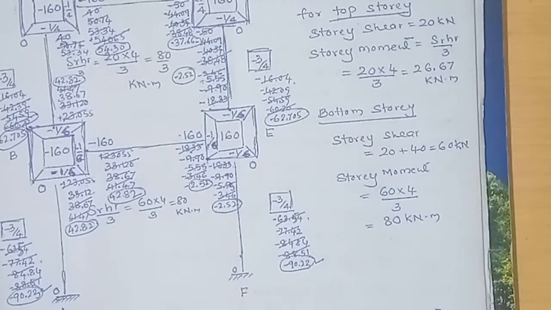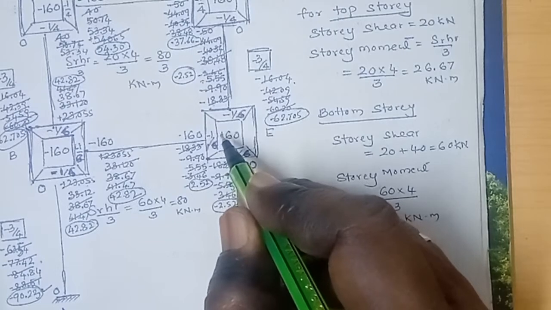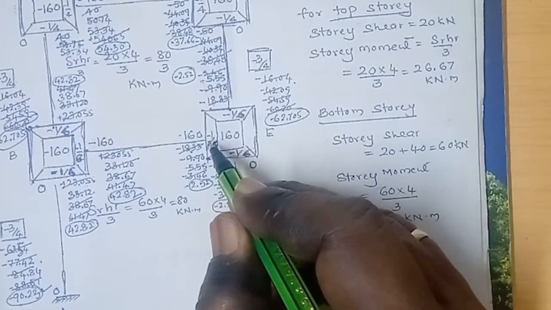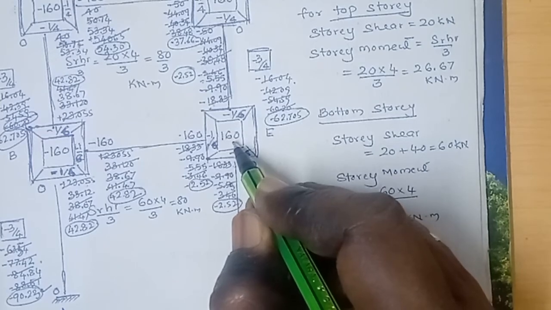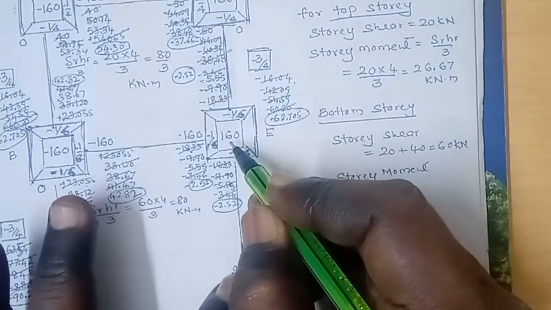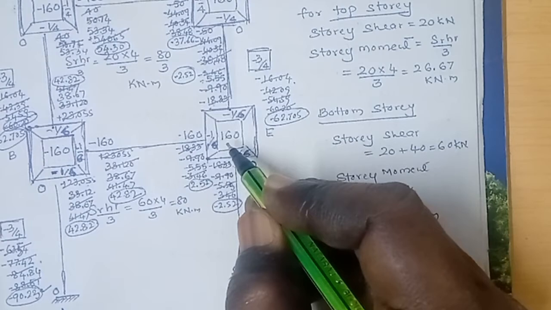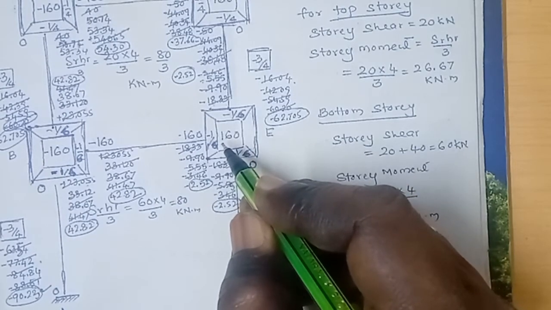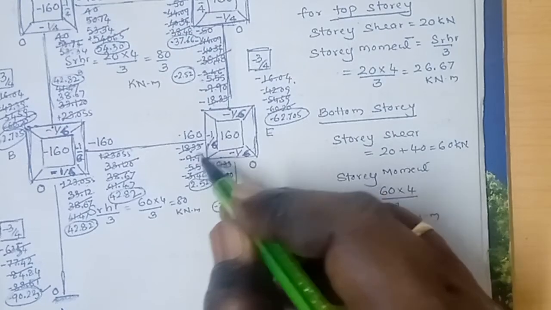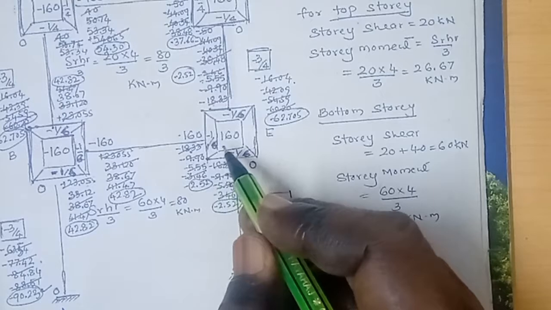Then for next joint E to D, here the rotational factor is minus 1 by 6, sum of the fixed end moment is 150, the far end contributions are, for this end it is 0, this end it is 0, this end that is just now we have calculated, that is 50, then 160 minus 50 into minus 1 by 6, here we will get 18.33, that we have to write here.